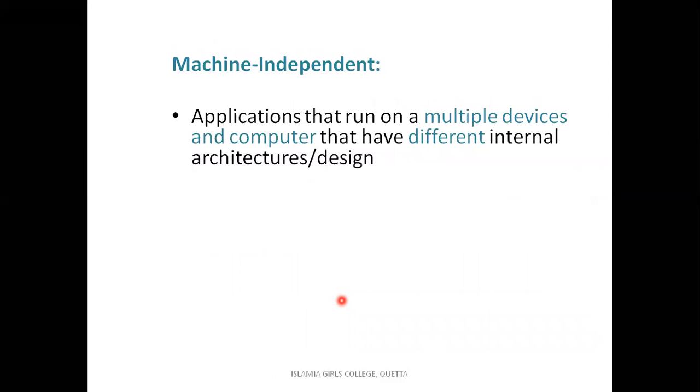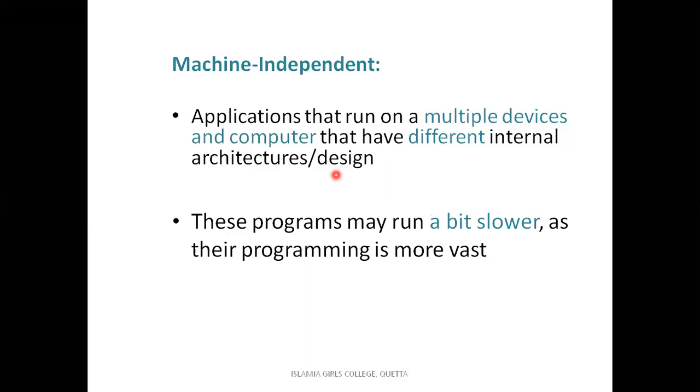I will also explain the term machine independent because in the coming lectures we will see that there are some languages which are machine independent. Machine independent is the opposite of machine dependent. So you can guess that machine independent programs are those that run on multiple devices and computers that have different internal architectures and designs.